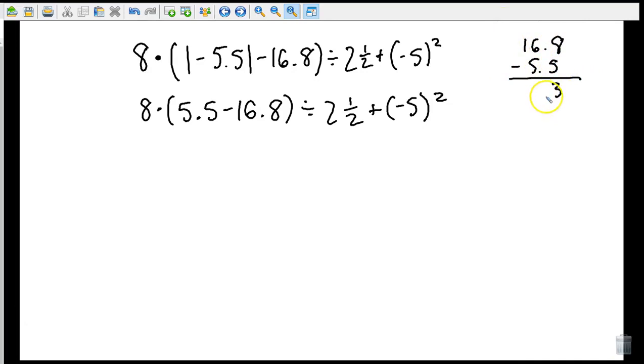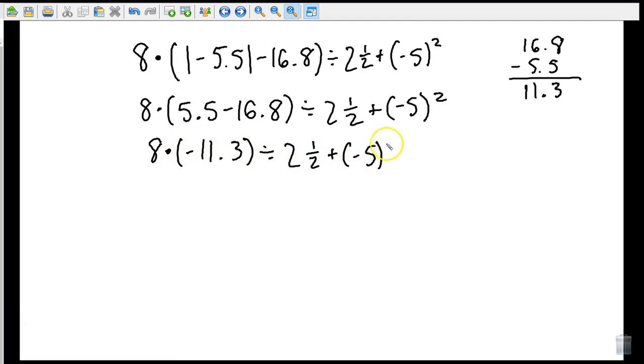We get 3. Decimal goes straight down when we are adding or subtracting with decimals. 6 minus 5 is 1. 1. So we get negative 11.3 over here. So 8 times negative 11.3 divided by 2 1/2 plus negative 5 squared.